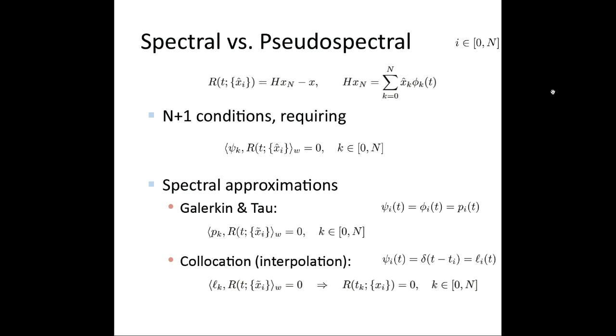Now, what we can do is examine spectral versus pseudospectral methods. So spectral approximations like Galerkin and Tau assert that up to the order n, the residuals of the approximation will be 0. So the same can be said of the interpolation scheme as well.